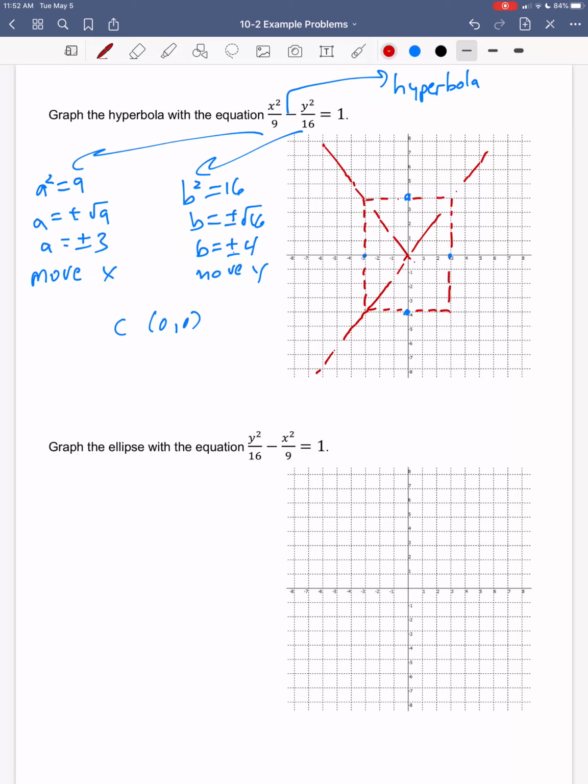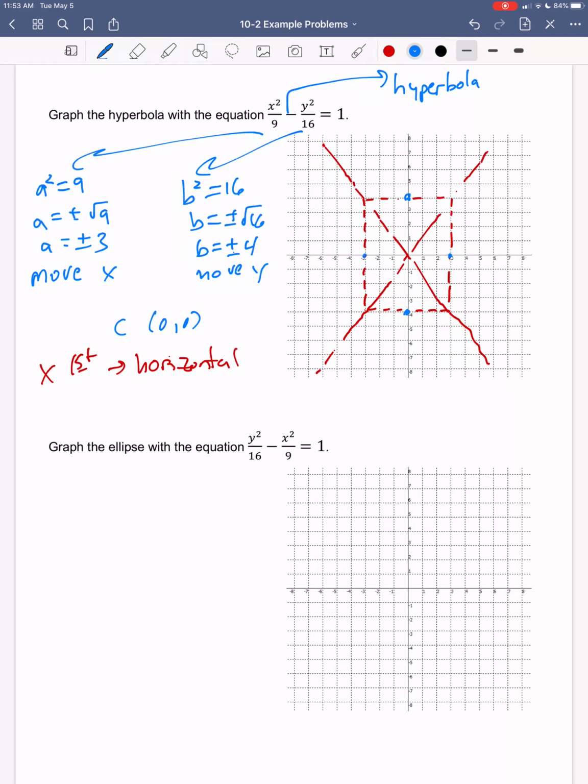Same thing here. Now, since x is first, that means it's horizontal. So when I'm graphing this, the hyperbola always starts on the rectangle, but the question is, does it start on the sides or on the top and bottom?